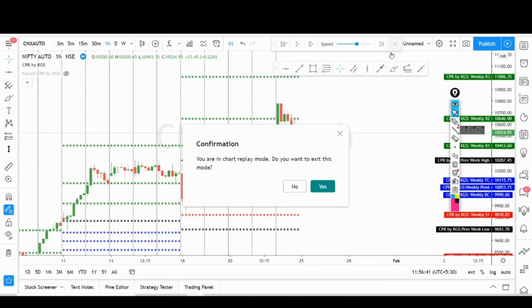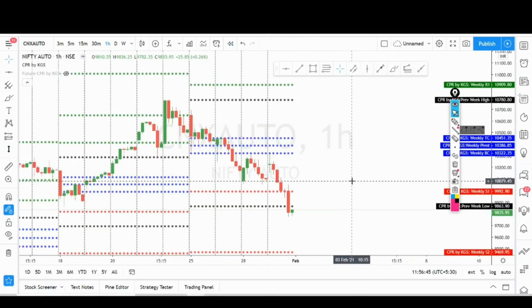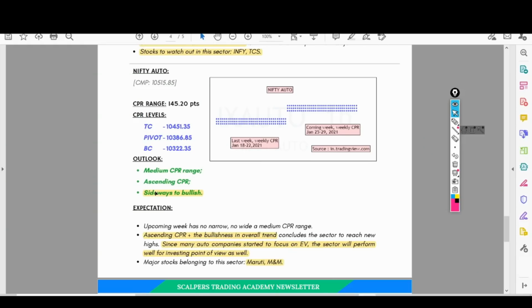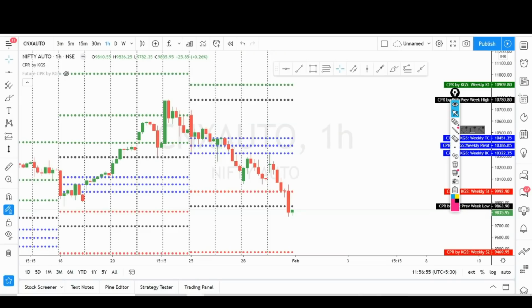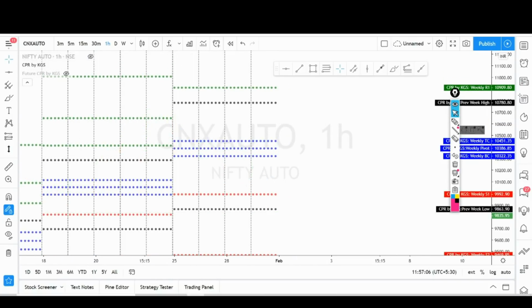Now, the market went against my prediction, and I will tell a simple reason. I have given a view in Nifty Auto that it will be sideways to bullish. Now, the market was unable to sustain above the weekly CPR. See, remember people, this is one important rule.